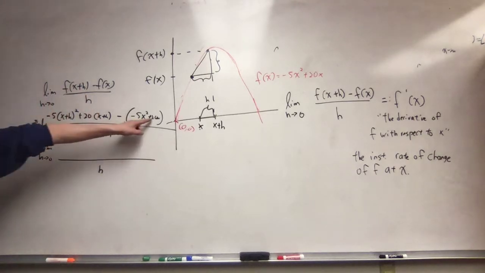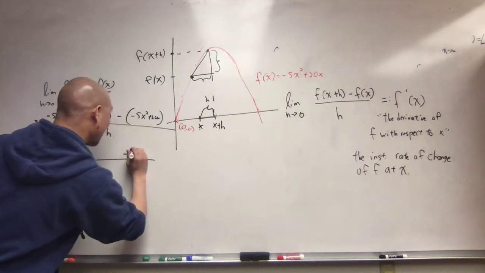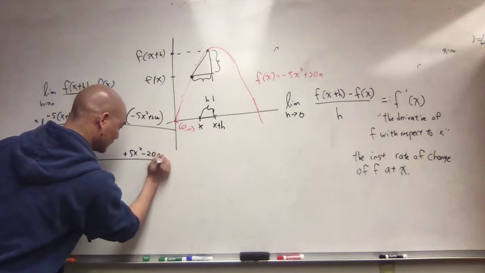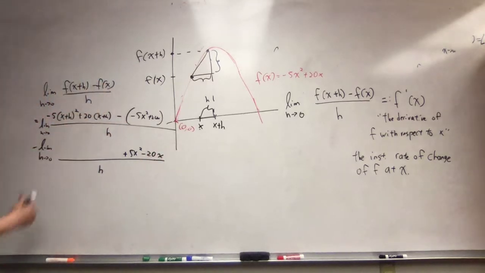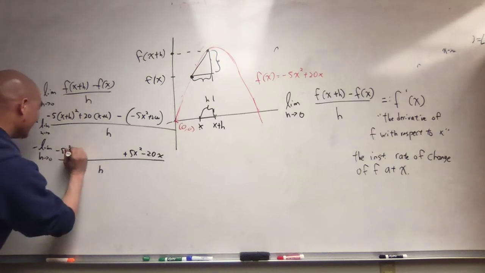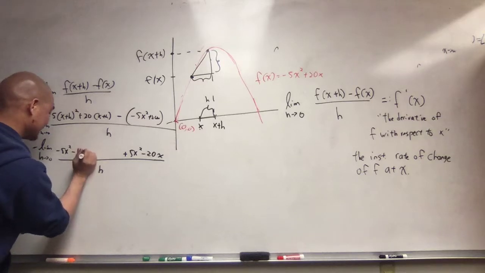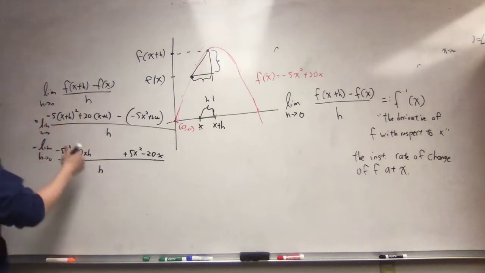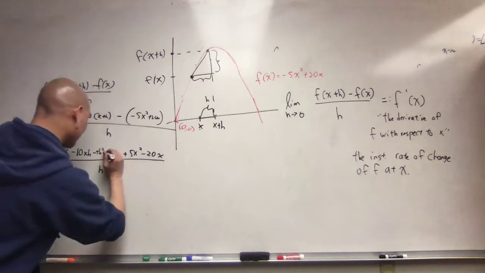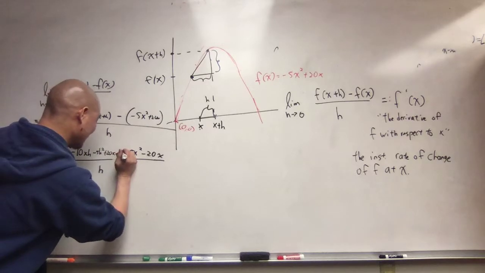What that will give us: we distribute the negative, so we have plus 5x squared minus 20x. And over here we have minus 5x squared minus 10xh minus 5h squared plus 20x plus 20h.